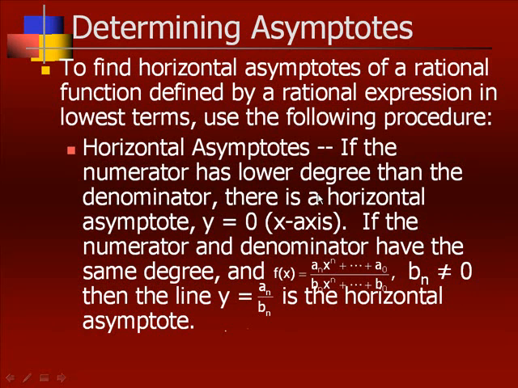If the numerator and the denominator have the same degree, then the line y equals a sub n over b sub n is the horizontal asymptote, remembering that a sub n is the coefficient of x to the highest power in the numerator, and b sub n is the coefficient of x to the highest power in the denominator.